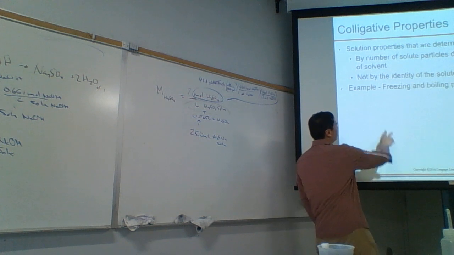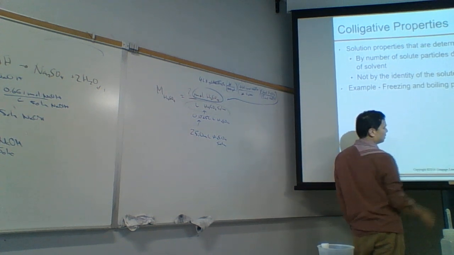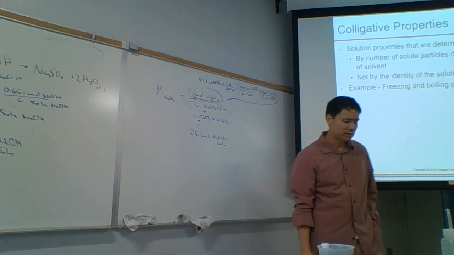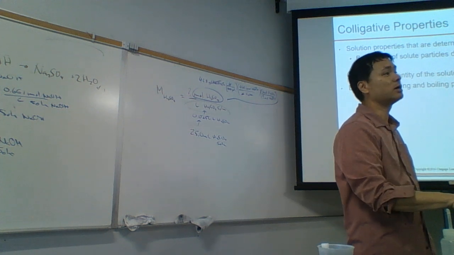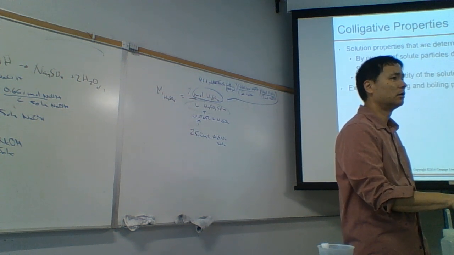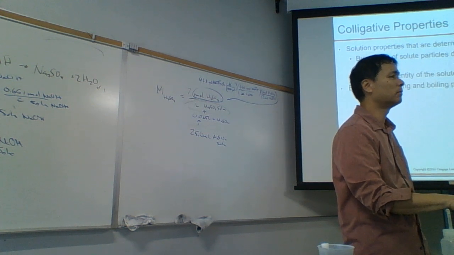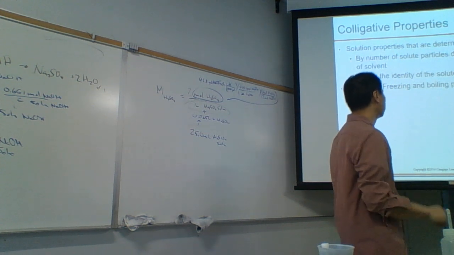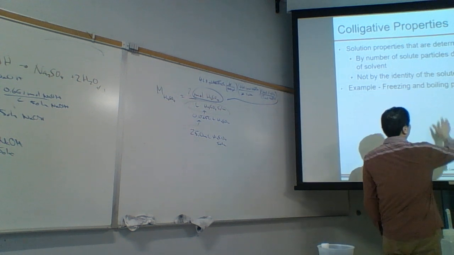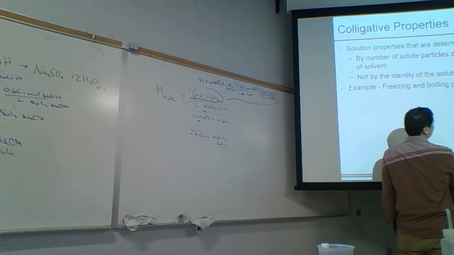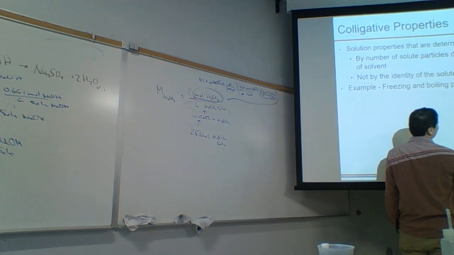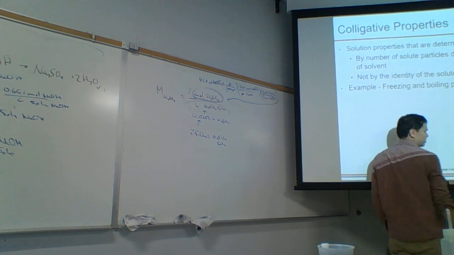One of these is the freezing point of water. The freezing point of water is 0 degrees C, but the freezing point of a solution is not 0 degrees C. It's actually lower than 0 degrees C, so we call that freezing point depression. The freezing point goes to lower temperatures, but the boiling point goes the opposite way.